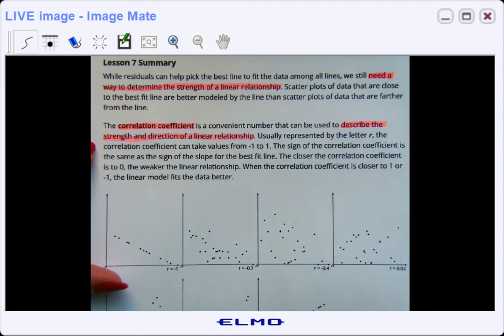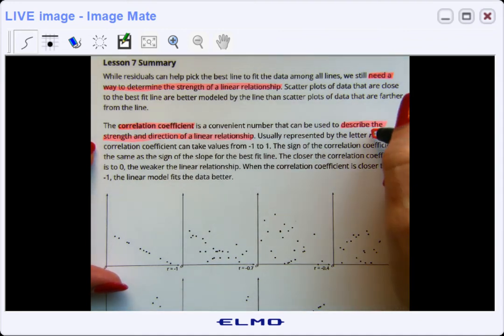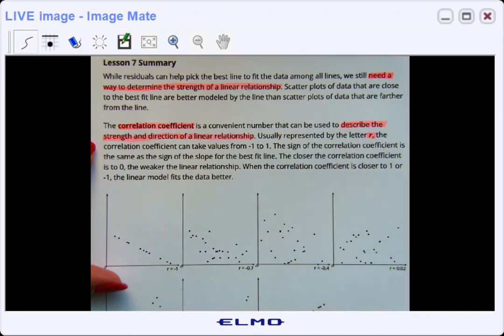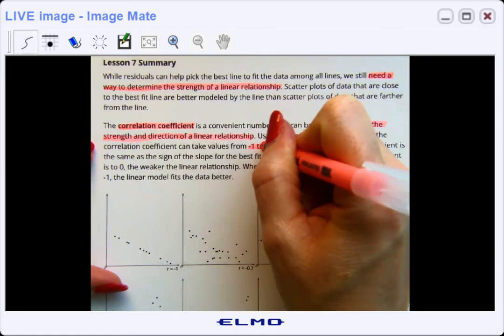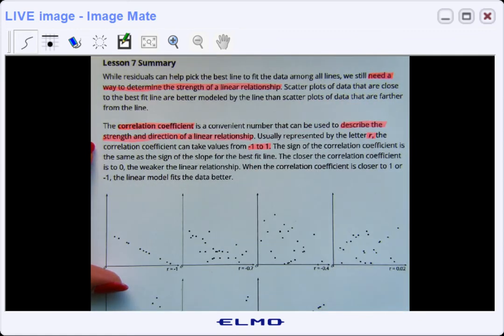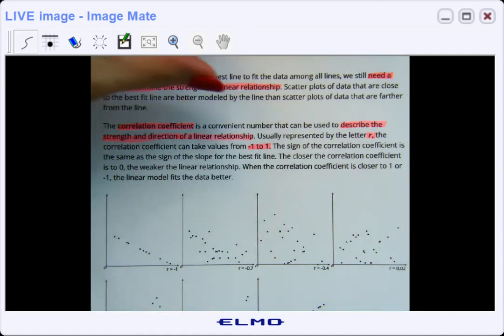We use the letter R to stand for the correlation coefficient, and it can range in values from -1 to +1. You would never see an R value that's less than -1 or more than +1. It's finite within the range of those two numbers.